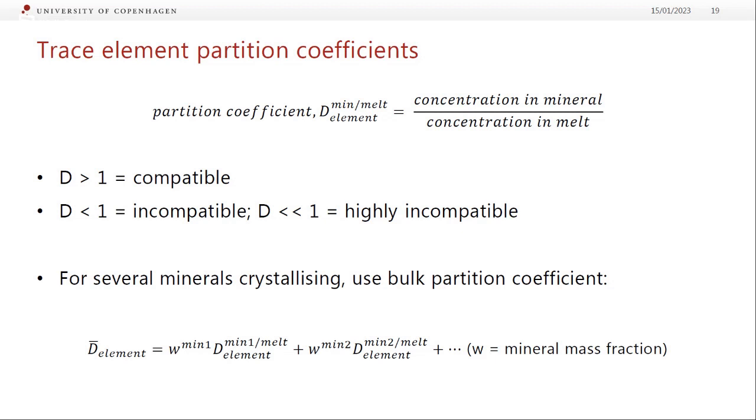So if we have something that's crystallizing 70% plagioclase and 30% olivine, then the bulk partition coefficient for a trace element like strontium would be 0.7 for plagioclase, so 70%, times the partition coefficient of strontium in plagioclase, plus 0.3 times the partition coefficient of strontium in olivine. For these bulk ones, it's important to know that we're doing it for lots of different minerals, but there would be a different bulk partition coefficient for each element.